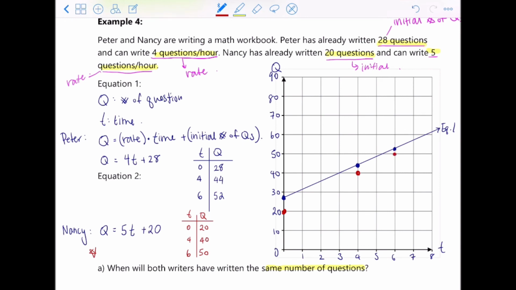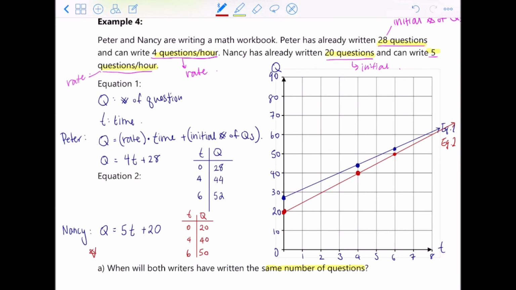Okay, so this doesn't look that nice. So let's try connecting it and then extend it as much as we can. This is a problem with graphing. Well, this is my graphing skill, equation 2.